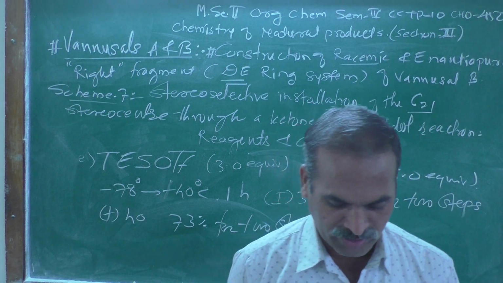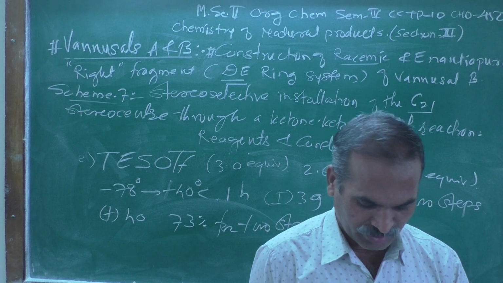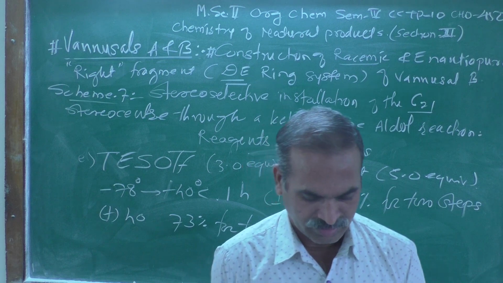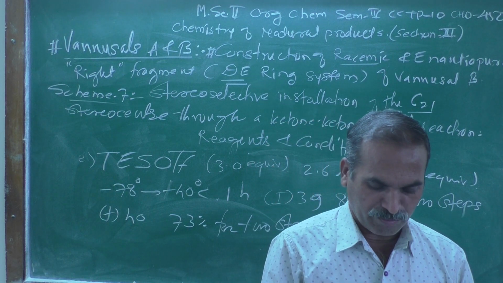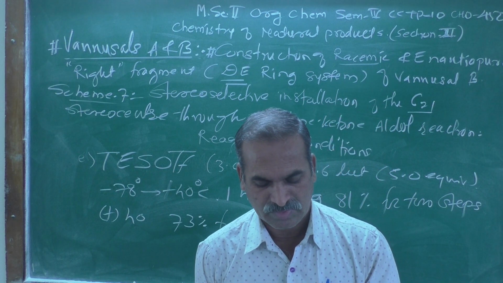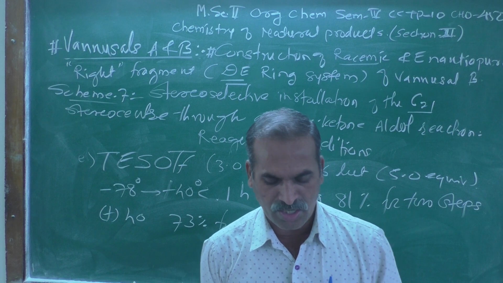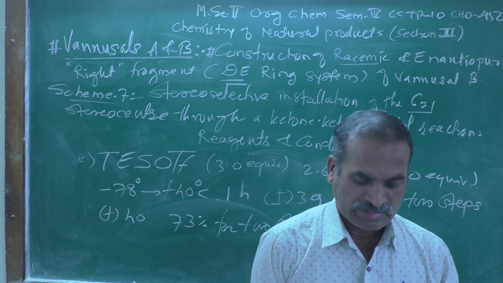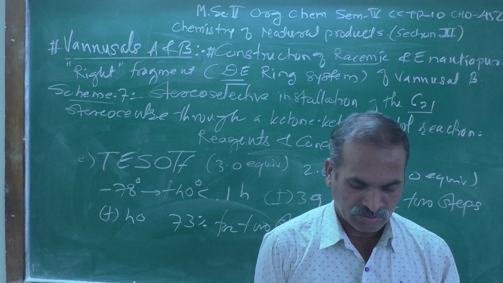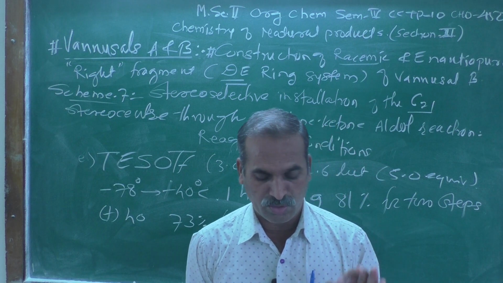So, it was only after considerable experiment that we discovered that the most expedient method to install the requisite tertiary alcohol containing side chain in the growing molecule was through a ketone-ketone aldol reaction.